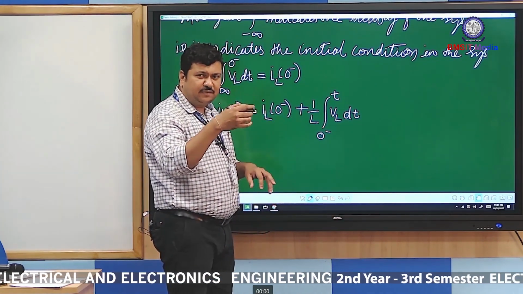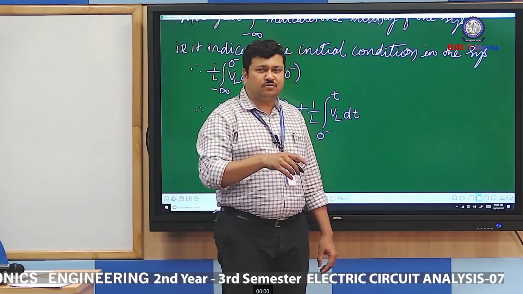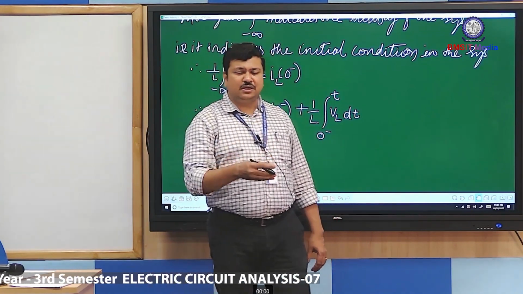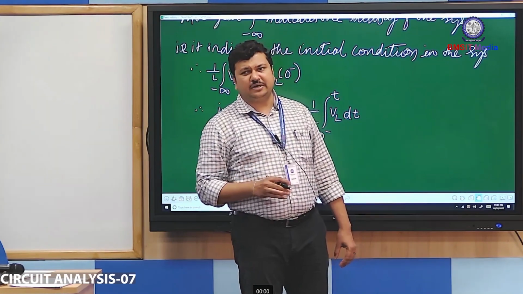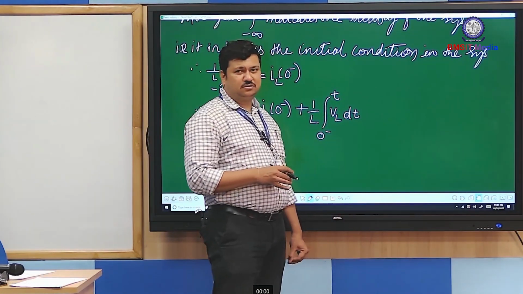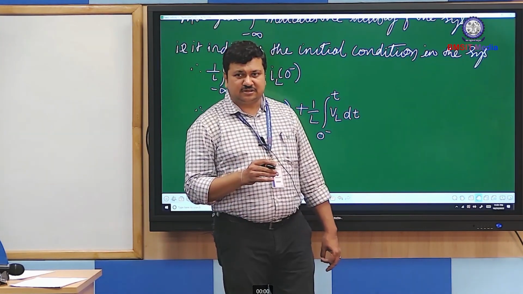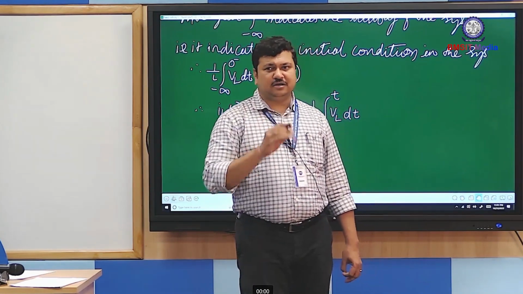After the switching operation, when the steady state is attained, I have the condition of short circuit. Now I want to know what the inductor behavior is immediately after the switch has been operated. So I want to substitute the time instant t equal to 0 plus and see what the current in the inductor is.